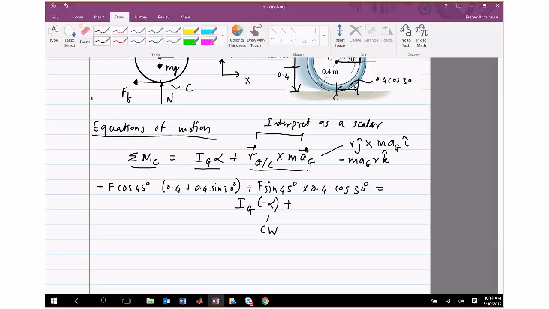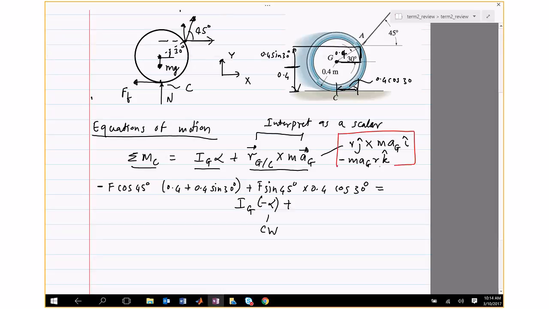Okay, this is just one way to do it. If you think this is hard, I'll show you another way to do this. You can sort of visualize this. Mass times Ag is a vector which points in the x direction, and you want to take moments about point C, because this thing is a moment about point C. So what's the effect of mass times Ag, a force in this direction, on the ring if you hold it fixed at C?